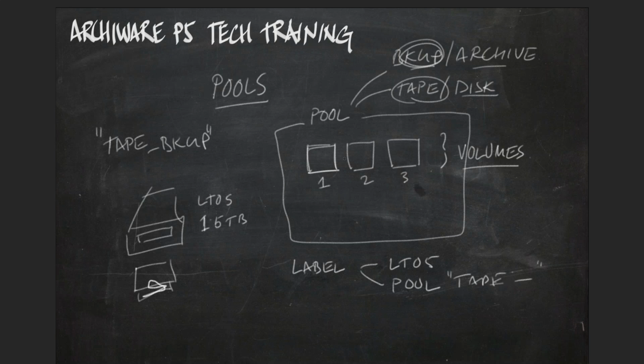So I basically go to the tape drive over here, I say label me a tape, provide it with a blank tape, and then I specify the pool that we already created, and then this tape will be created in this location here, and it'll be the first tape in this pool. So let's do that now in the software.